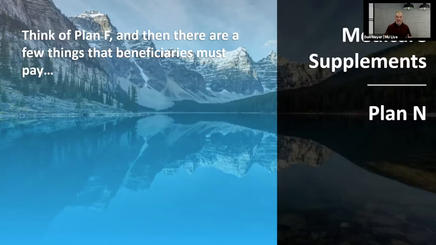Medicare has a fee schedule, a billing code for every single thing that can be done to a person. A Band-Aid, an aspirin, an IV, a knee replacement, a heart transplant. I mean, everything's got a code. The codes are bigger than the IRS codes, right? And so if I'm a Medicare approved doctor, all that means is that I'm accepting Medicare's fee schedule.